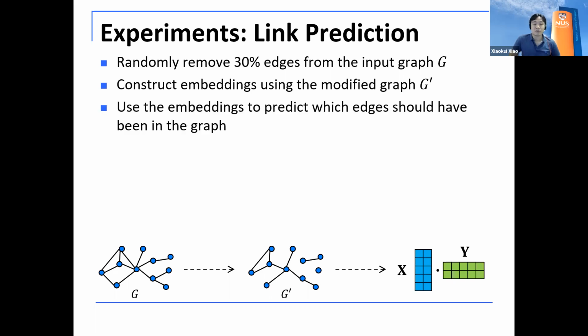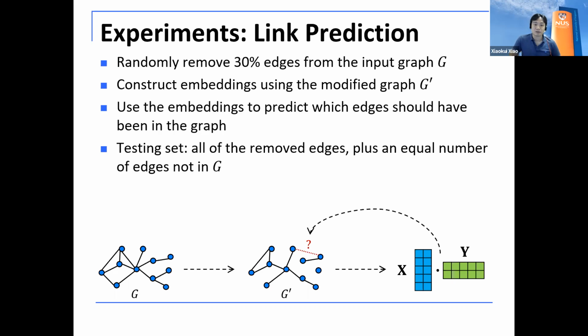After that, we use the embedding to predict which edges should have been in the graph. For this purpose, we construct a testing set that contains the 30% edges that were removed, as well as an equal number of edges that were not initially in the input graph. And the accuracy measure in this case is area under the curve, the AUC. The higher the AUC is, the better the performance.